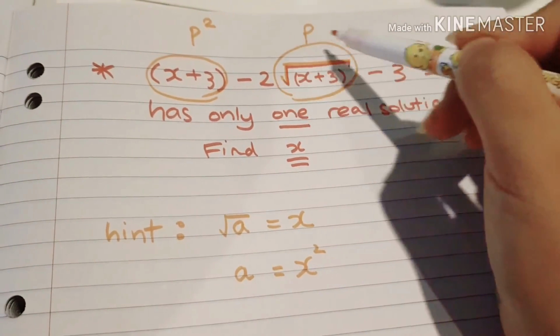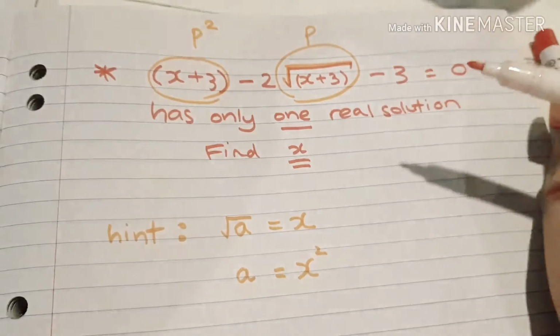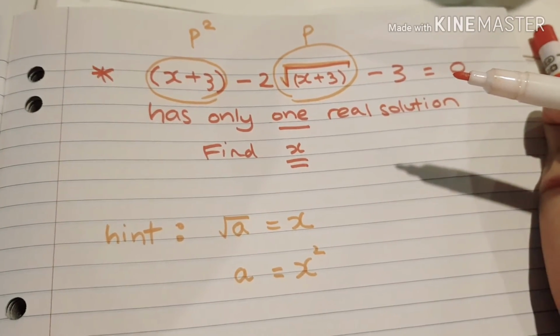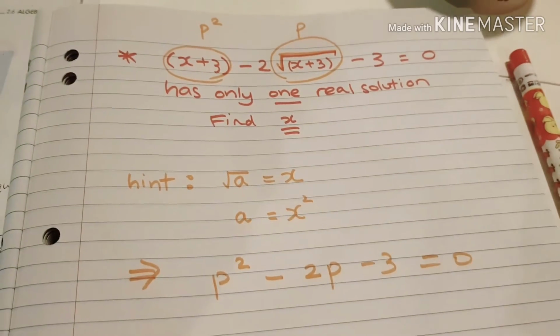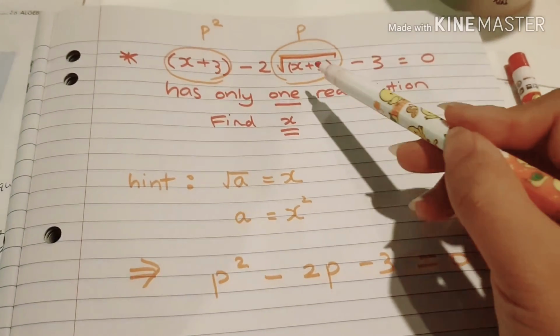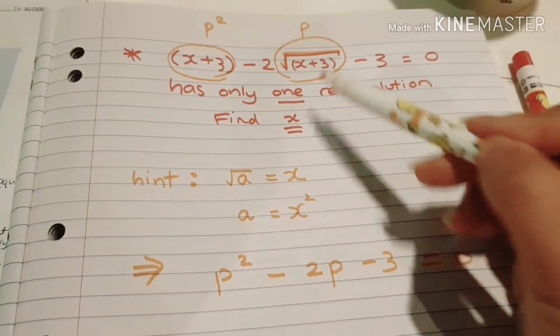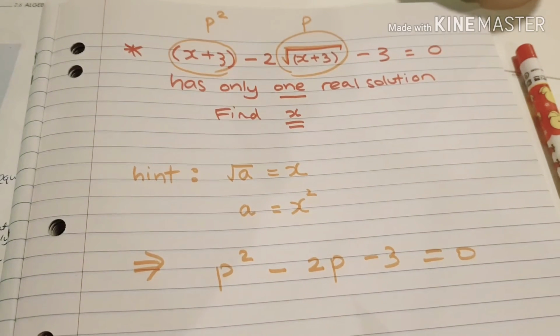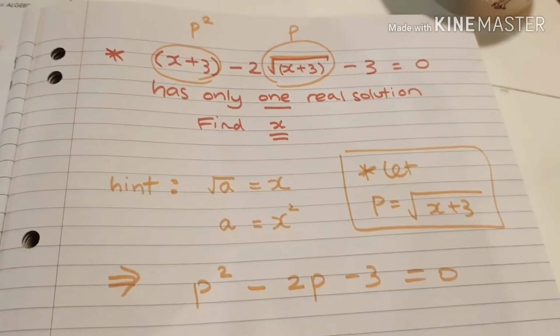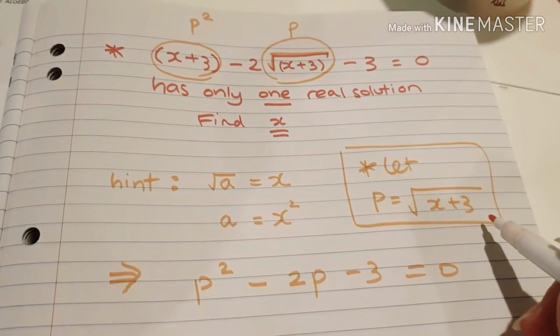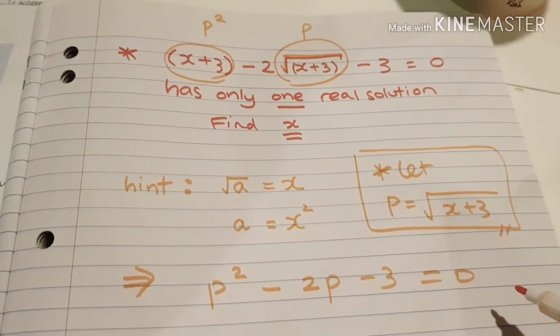So if I let this one be p, that one will be p to the power of 2. Do you get this? So I substituted p and made it into a simpler quadratic equation. I wrote it down just in case I forgot.